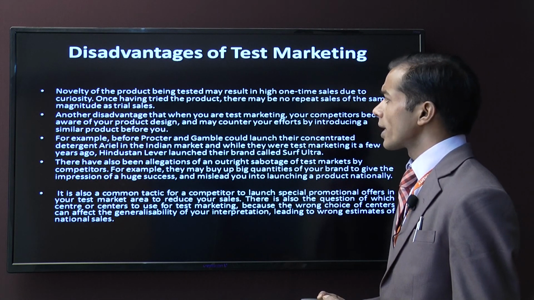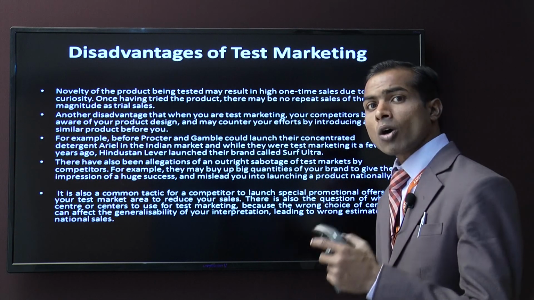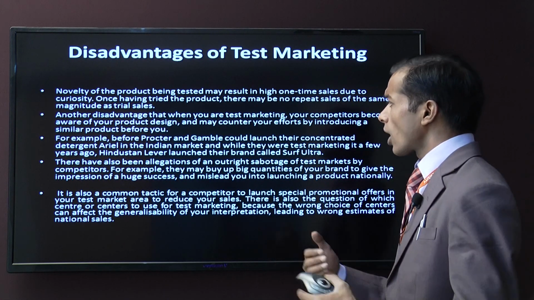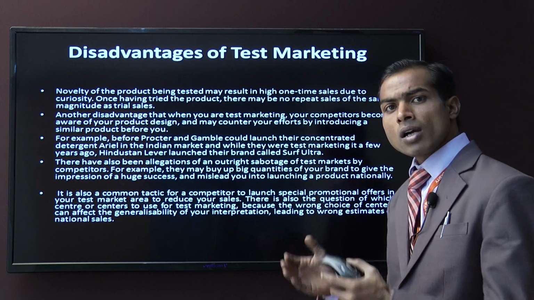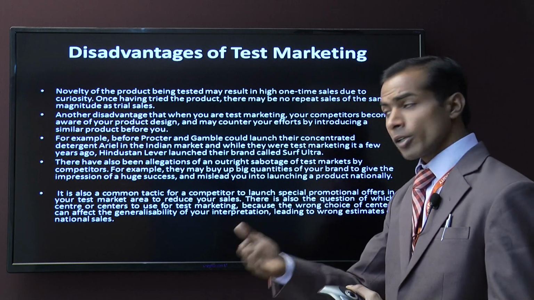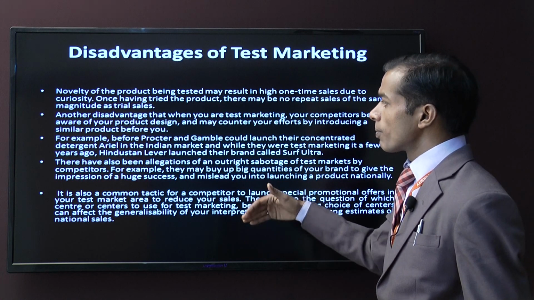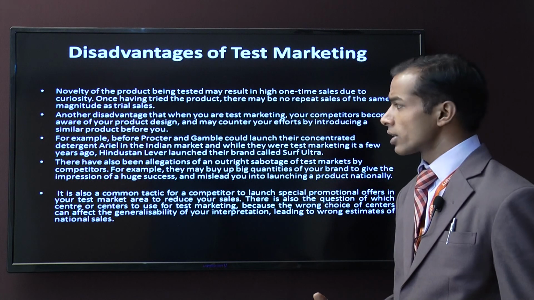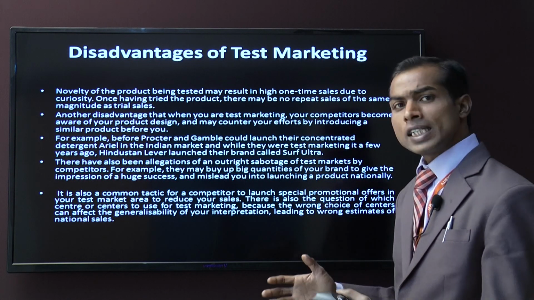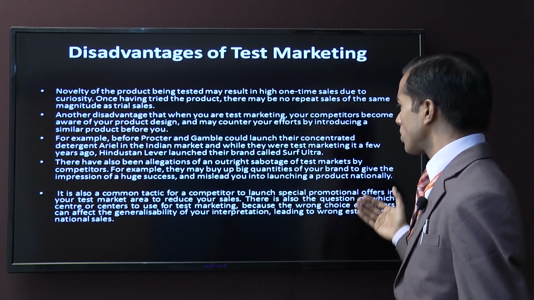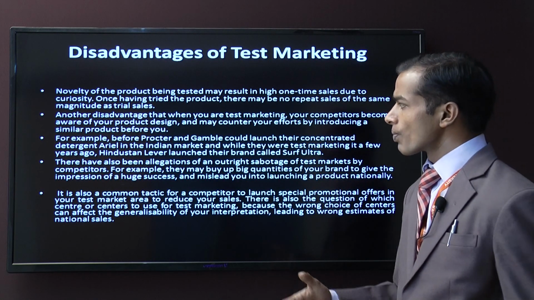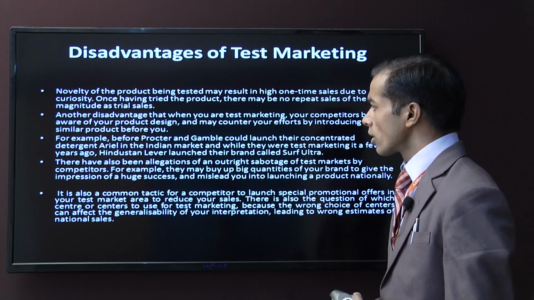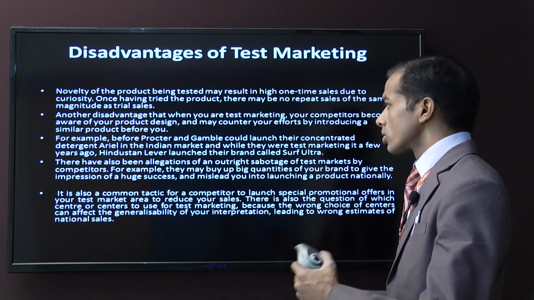Another disadvantage is that when you are test marketing, your competitor can become aware of your product design and may counter your efforts by introducing a similar product before you. For example, before Procter & Gamble could launch their concentrated detergent, that is Ariel, in the Indian market, and while they were test marketing it a few years ago, a competitor of Procter & Gamble, that is Hindustan Lever, launched their brand called Surf Ultra.